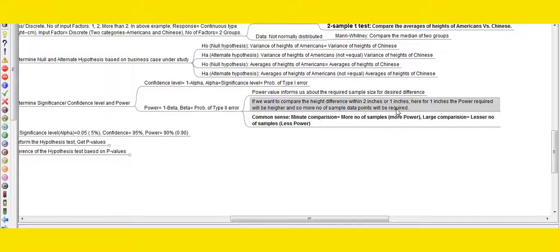We can simply decide that Chinese men are very much shorter compared to American men. So in that case we don't even require sample data. That means no sample is required. So this way we understand that if we want to check minute differences, then we require more samples, and for large comparisons we require fewer samples.